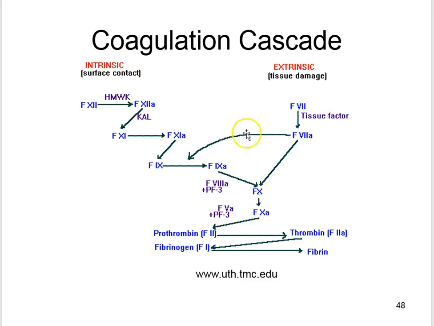But ultimately, both these pathways lead to a common pathway, and that makes thrombin, and that converts fibrinogen to fibrin, and then this forms a stable fibrin clot.